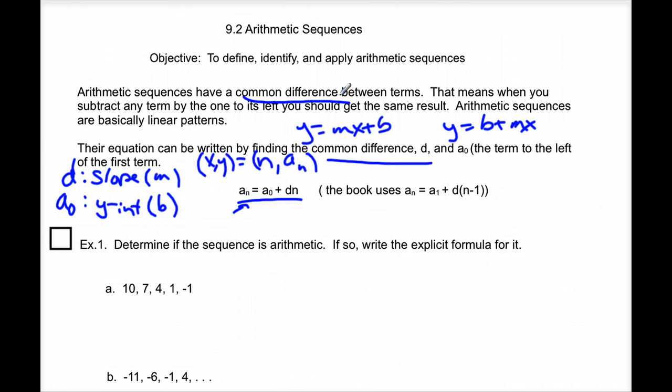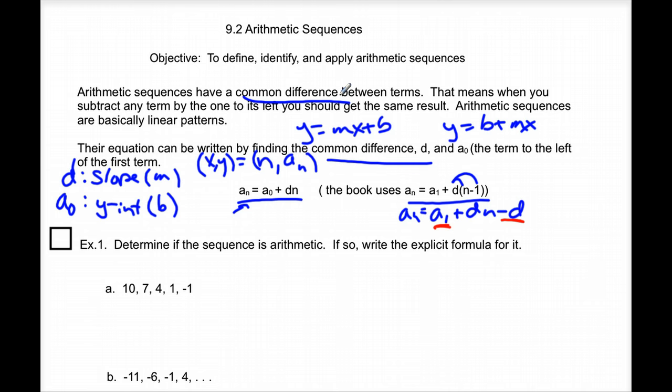Now the book formula is a little bit more lengthy. You may see this formula in other places as well, so I think it's important for me to point that out. So if you see it, you're like, man, I've never seen that before. But the book formula, if you expand it out, distribute that d, ends up giving you the exact same thing, because if you take a1 and combine it with minus d, that's going to take you back to a0.